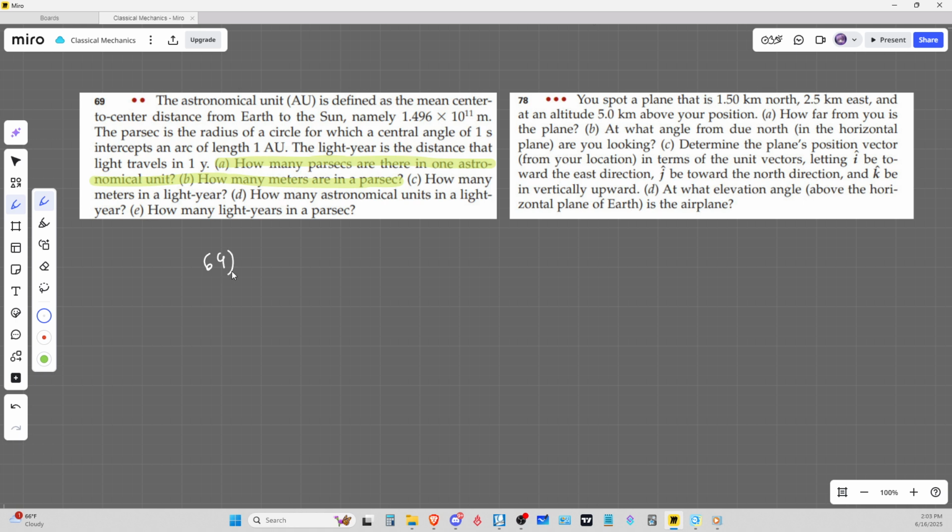So 69. The first part is how many parsecs, compared to what they listed in the problem. 1 AU is equal to 10 to the 11th meters.